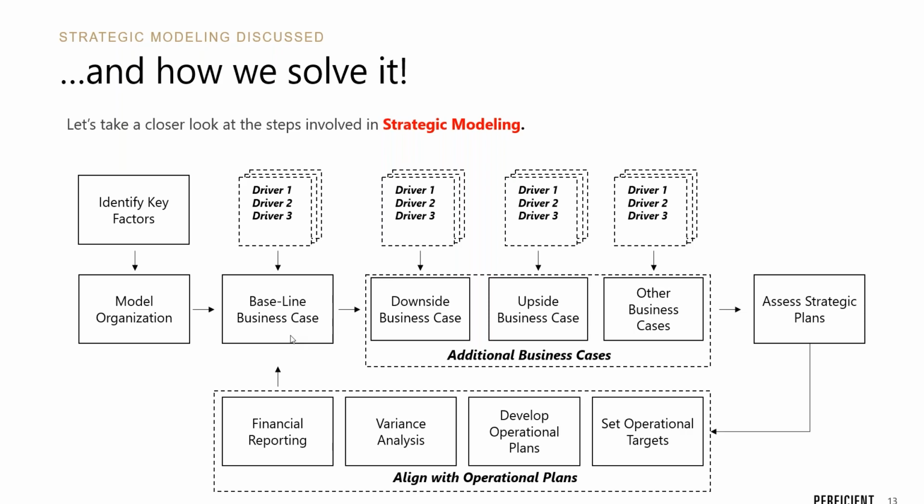The difference between your baseline and your downside and your upside is the drivers, the mechanism that you use to get to that financial outcome, would be essentially different. And you have the ability to document those, capture those, and of course report on those. So the beauty about strategic modeling is you can create as many business cases as you desire, and then of course compare that back to your baseline.